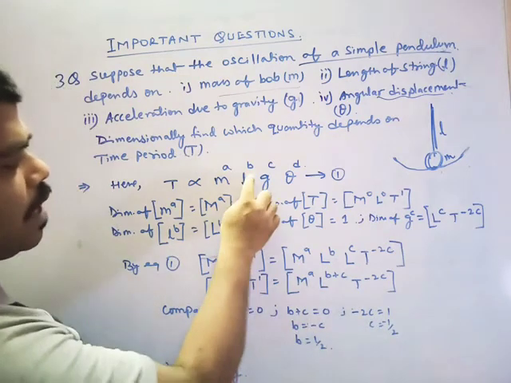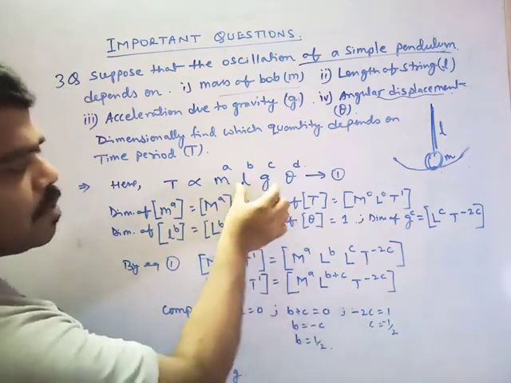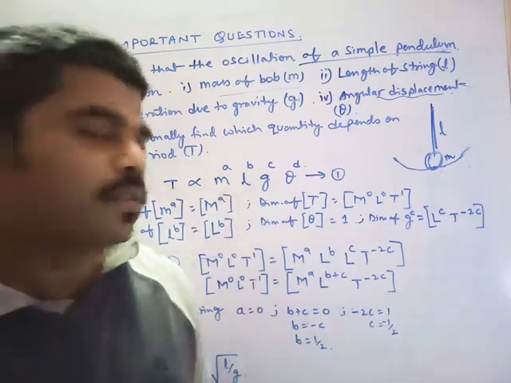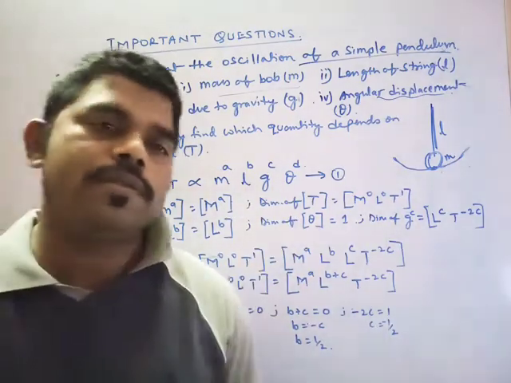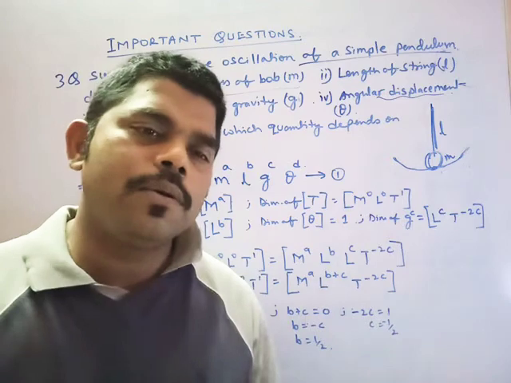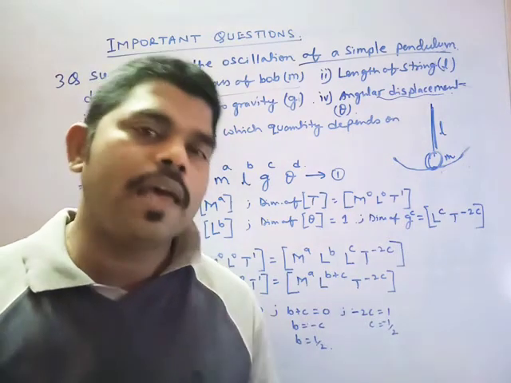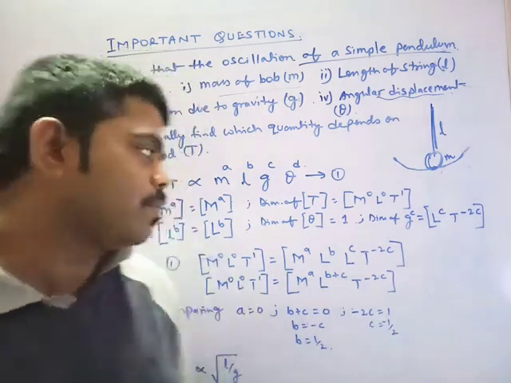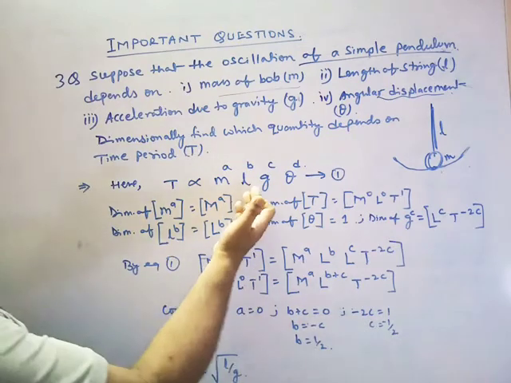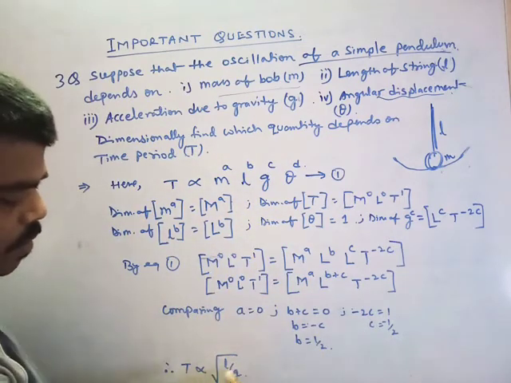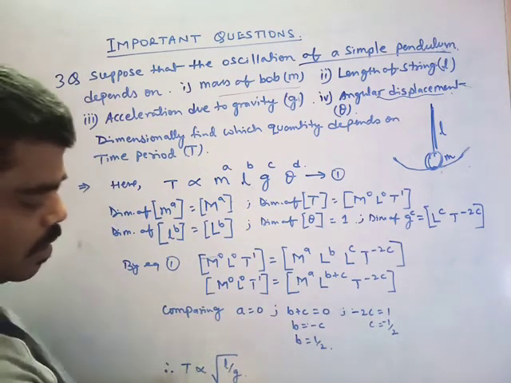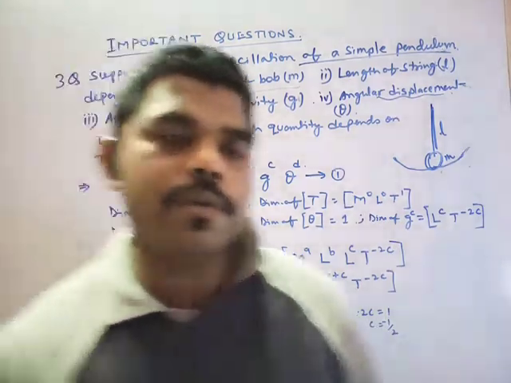B means L, C means G, that means only these two quantities depend, the rest two do not depend. So whatever physical quantity you write, if it does not depend, it will not come at all. This is confirmed. After that, find the equation. This half means square root, so I have written L by G. This is plus and this is written in the minus term.